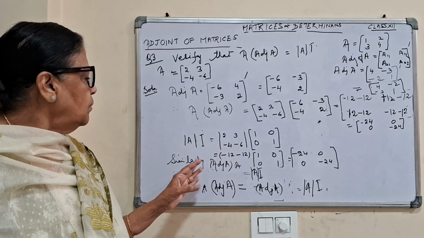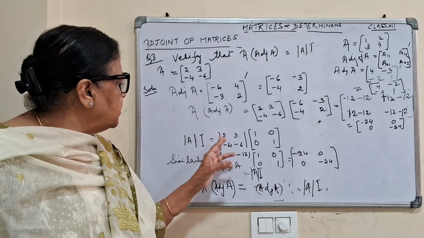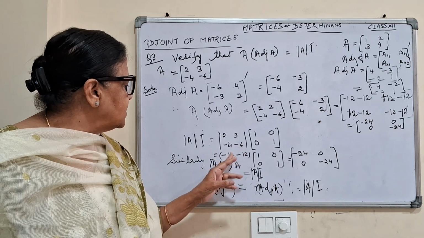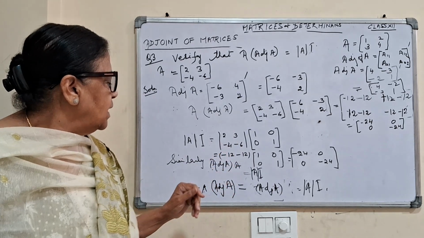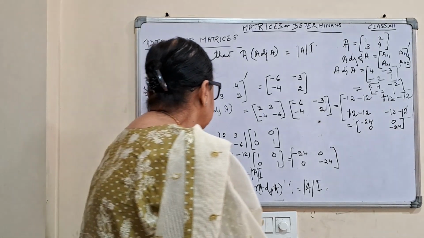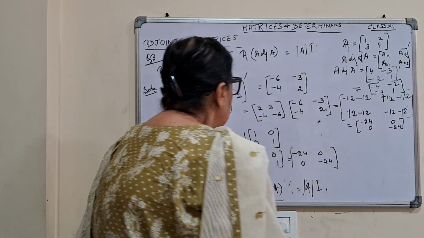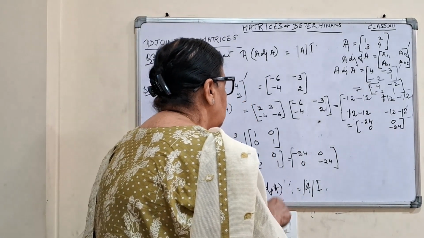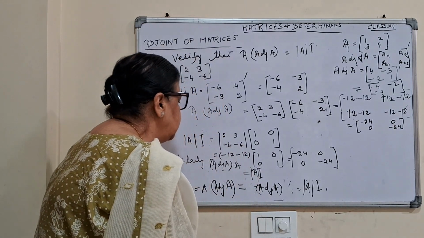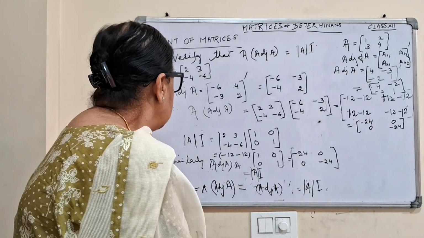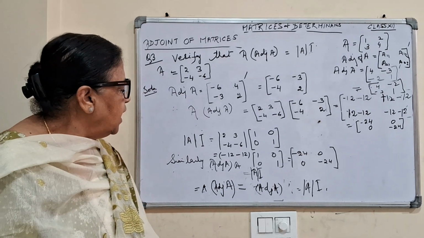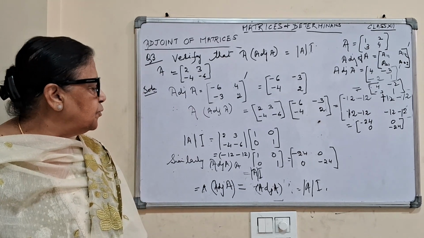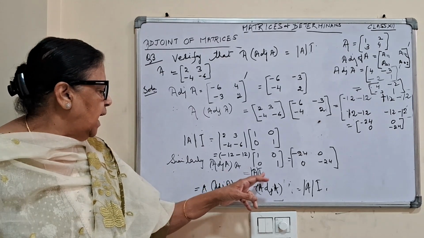So this will be determinant minus 12 minus 12, into minus, this is also minus 12. So 1001, I multiply with that. Similarly I can find adjoint of A into A is equal to AI.